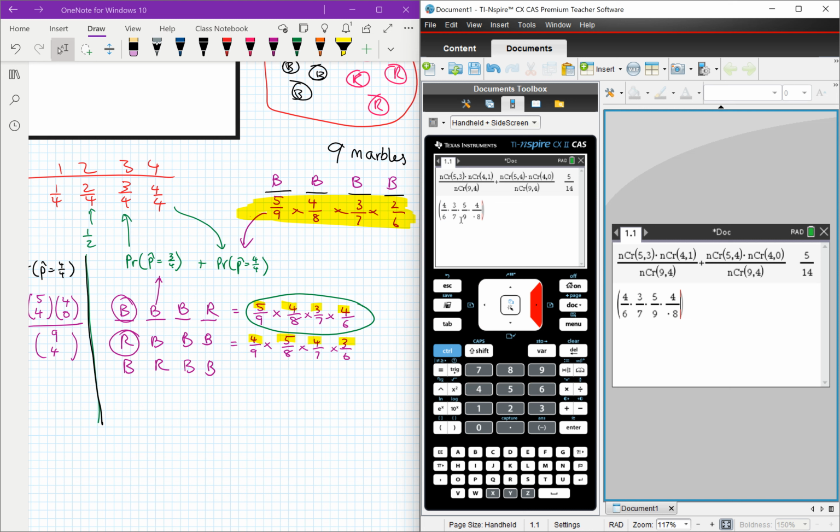Okay. Is that even right? No, that's not right. For the last one, it's 2 out of 6. Is that right? 5, 4, 3, 2. Yes. 9, 8, 7, 6. Yep. So that's for all blues. So out of the 4 samples I'm going to choose from, that's all going to be blues.